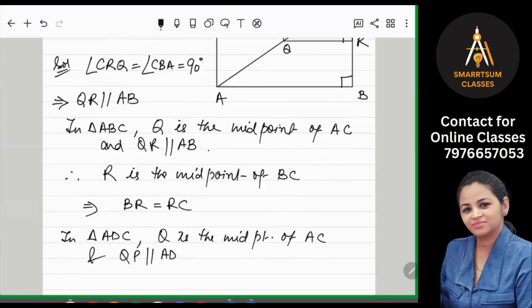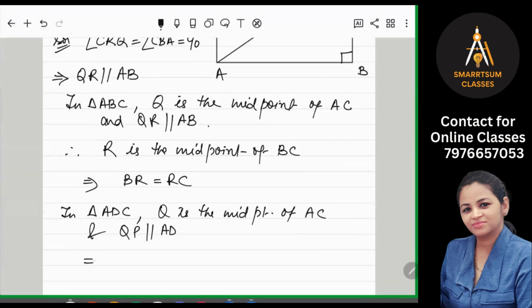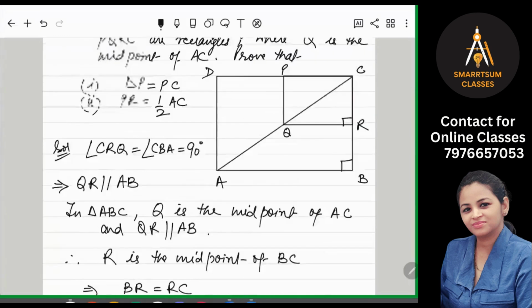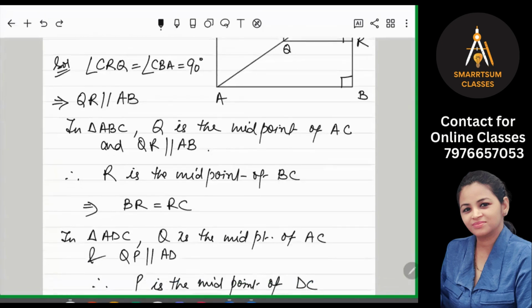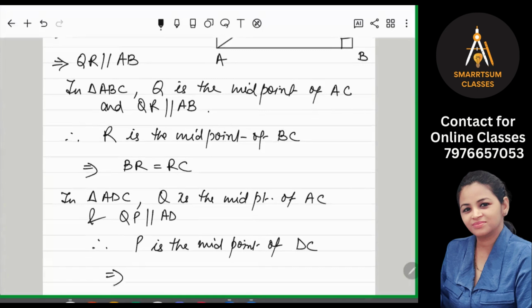QP is parallel to AD. Then again by midpoint theorem, we can say that P is the midpoint of the third side, DC. Exactly in the same way, we can prove that P is the midpoint of DC. Getting it? Okay. That means DP is equal to PC, right?